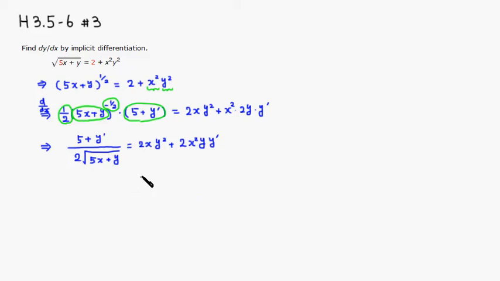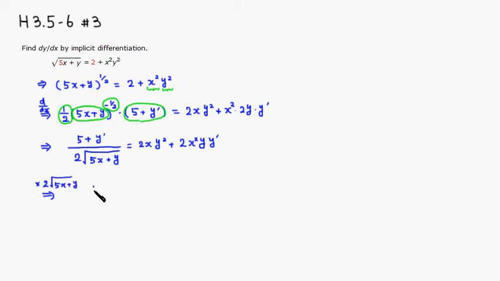All right, so I don't like fractions, so I'm going to multiply both sides by this denominator. So multiply by 2 square root of 5x plus y.